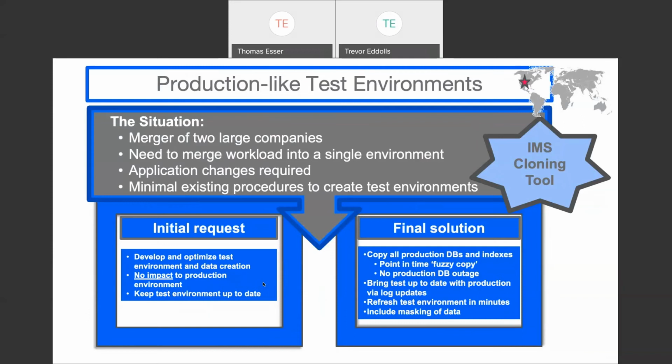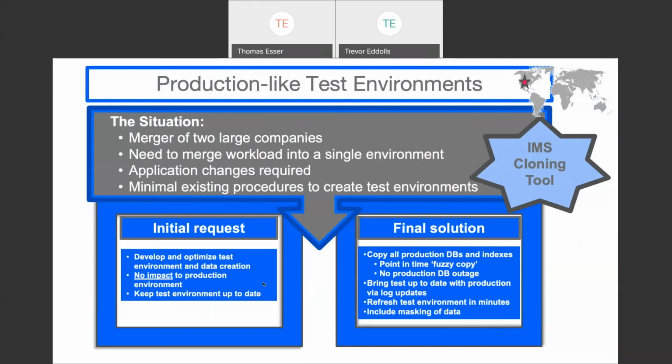We were able to help this customer by copying all the production databases and indexes using the point in time copy, or, as some companies call it, the acronym fuzzy copy, with tools that were available. And we were able to do this without production database outage.